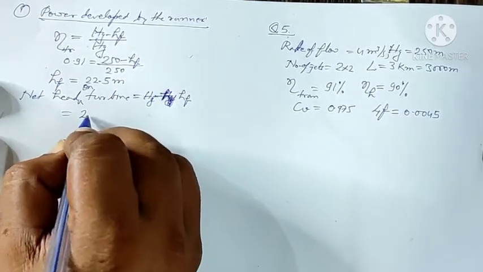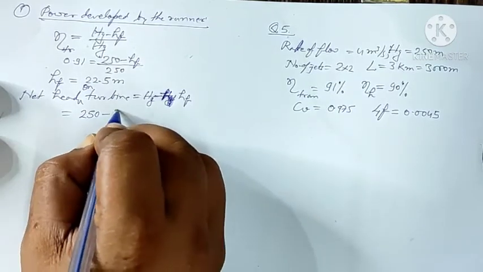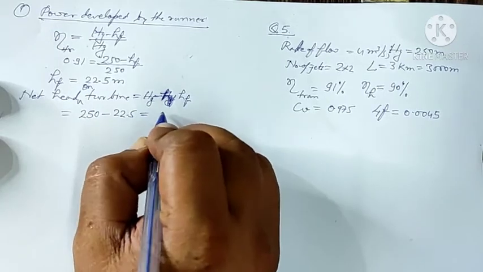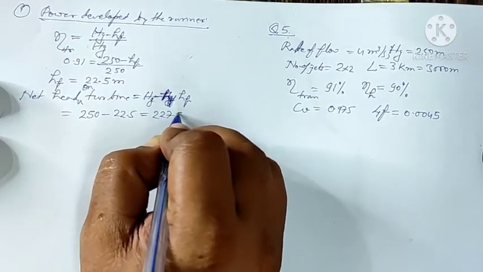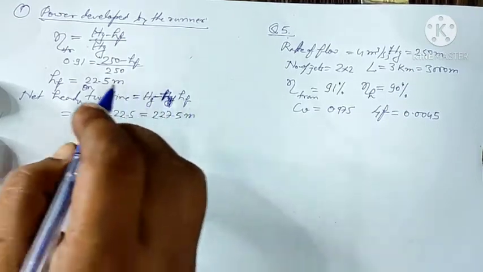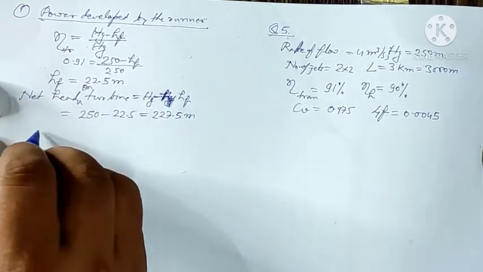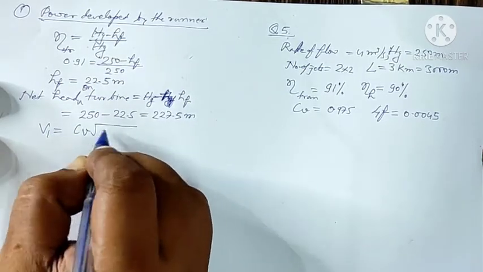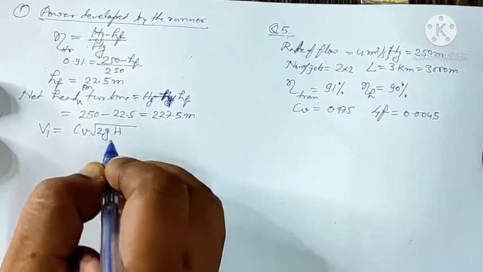Hg we know as 250 gross head minus loss in the friction is 22.5. So the net head on the turbine is 227.5 meter.